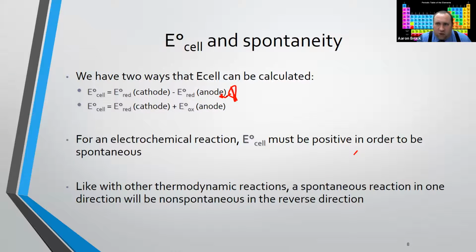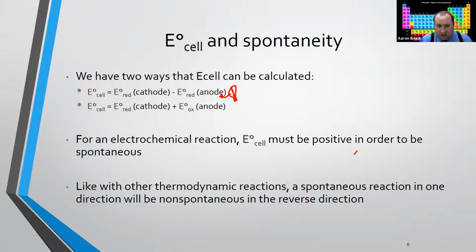It's kind of easy to go with. If you are combining reactions, I've got my reduction, I've got my oxidation, I've determined the oxidation potential and the reduction potential. I can take those two values and just add them together, very similarly to what I did in thermodynamics with Hess's law, again minus that multiplication thing, and get the same answer. These two equations are just two different ways of doing the exact same thing.